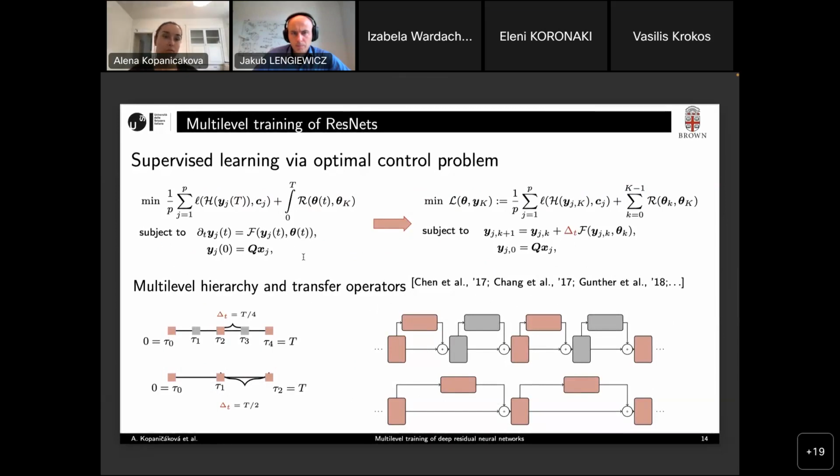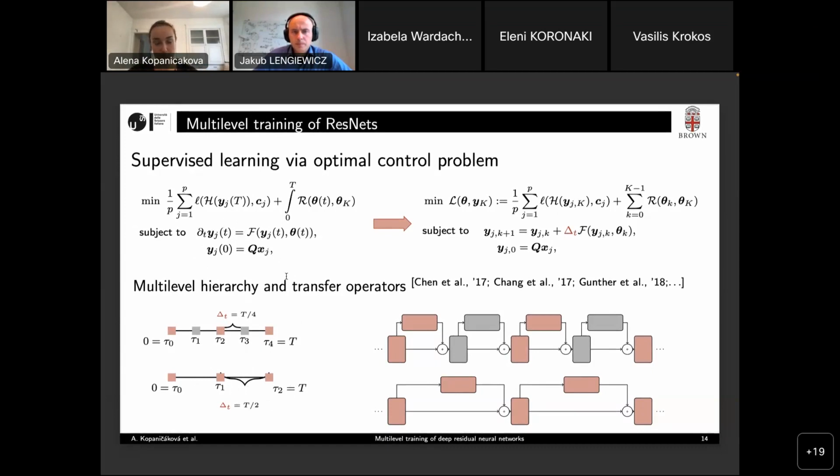We know that in order to solve this problem numerically, we have to discretize our ODE. So here we will consider some time interval from 0 to T, and we consider a one-dimensional mesh, which we discretize using uniform time steps, and then we use this time mesh for discretization of our ODE.